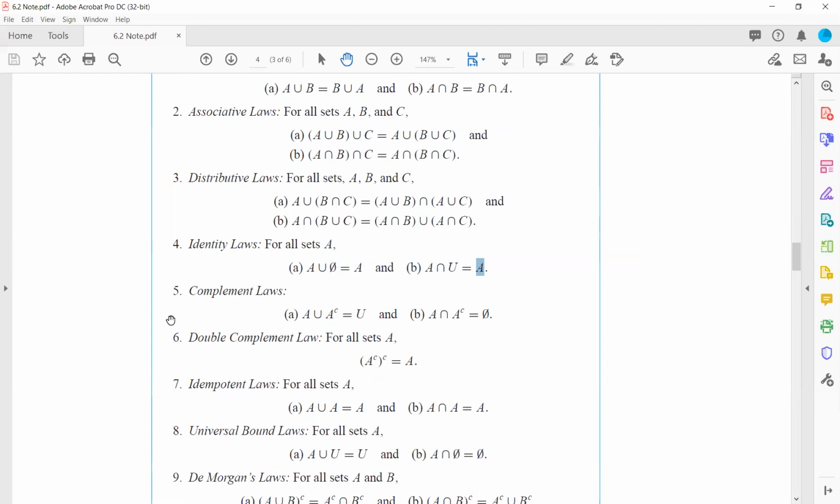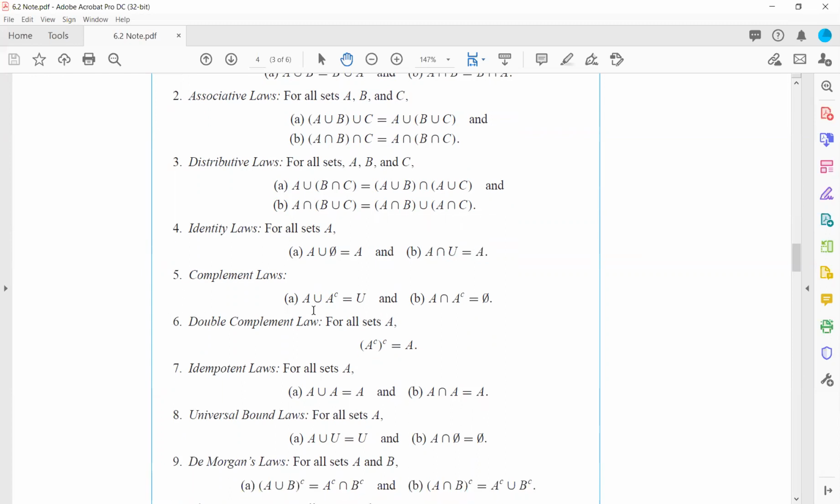The complement laws. If you take the union between A and its complement, the result is the same as the universal set. However, there is no intersection between set A and its complement. A intersection with its complement is always empty. They are mutually disjoint.